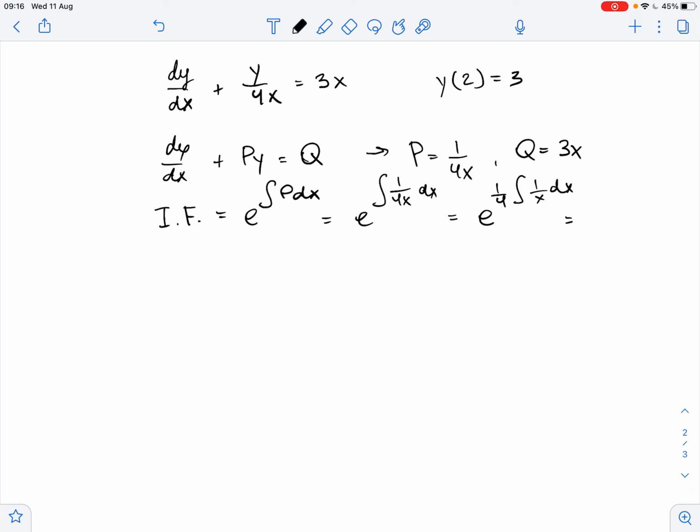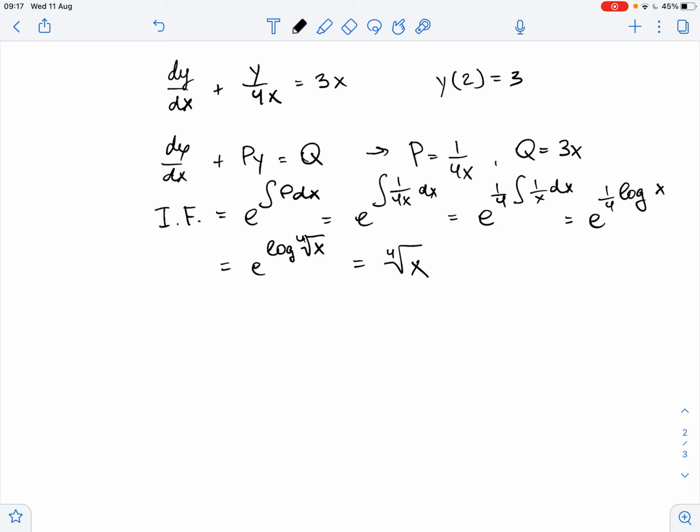Then it equals e to the power of 1 over 4 times logarithm of x. Then it equals e to the power of logarithm of the fourth root of x. Then it equals the fourth root of x.